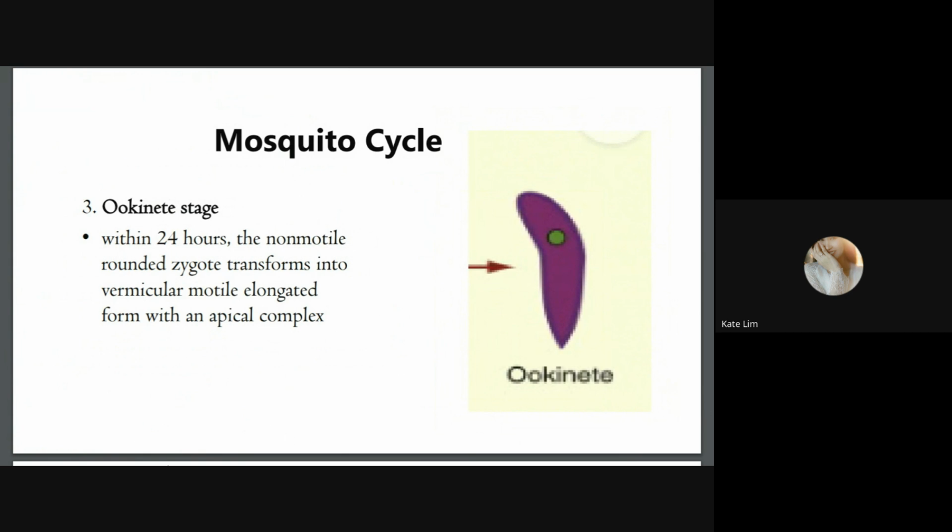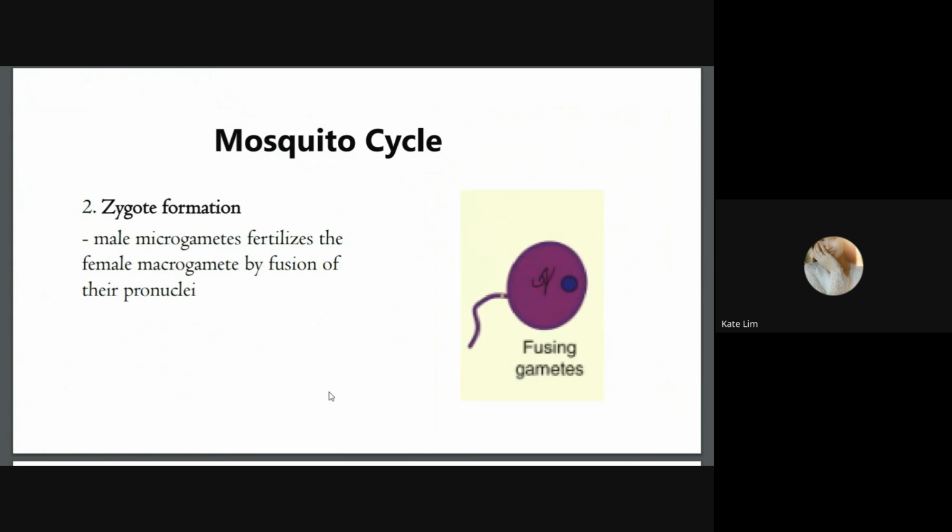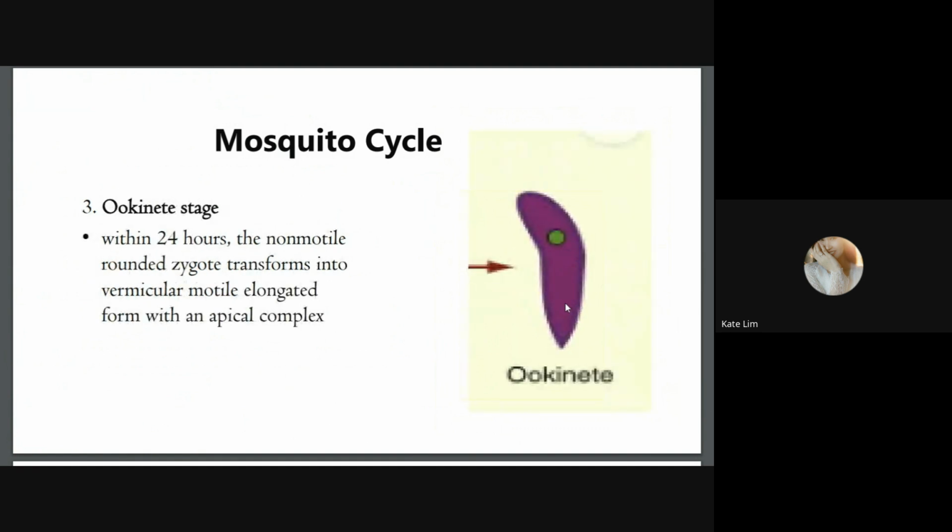Within 24 hours of fertilization, the zygote, which is initially non-motile and rounded, transforms to become a vermicular or worm-like, elongated structure known as your ookinete.